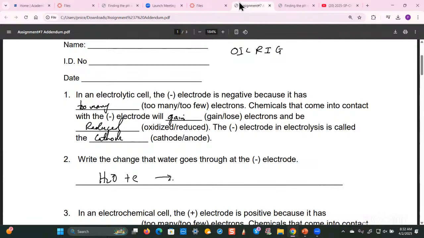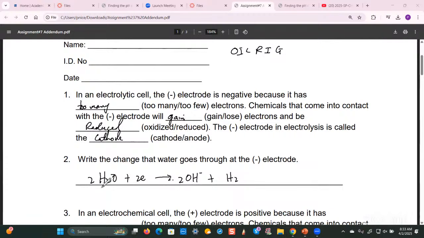For those of you in my lab this morning, you're going to be using this equation. It's going to be OH minus plus H2 as the products. And to balance this, we're going to need a 2 here, plus 2 electrons here.